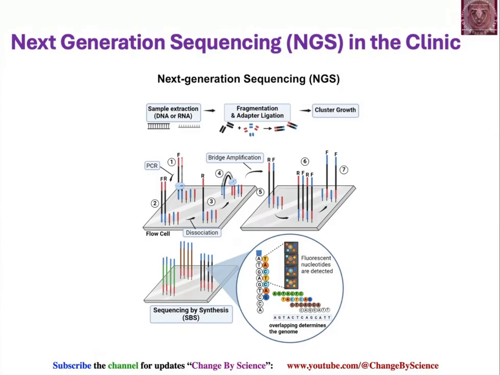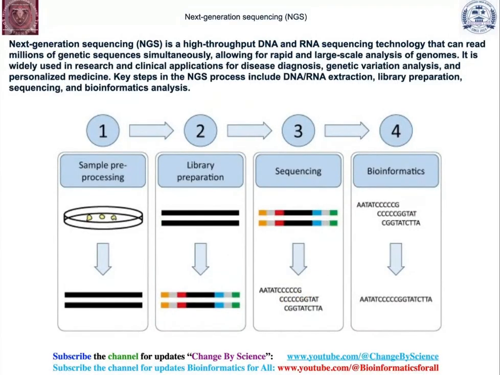And now it comes to the definition and basics of NGS. Next generation sequencing is basically a high throughput DNA and RNA sequencing technology that can read millions of genetic sequences simultaneously, allowing for rapid and large scale analysis of the genomes.